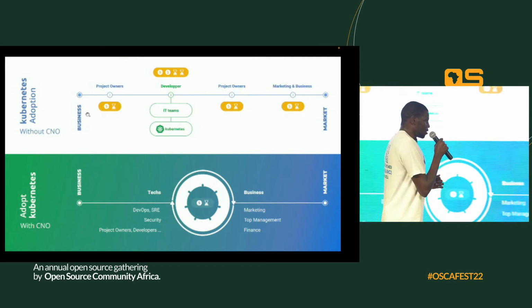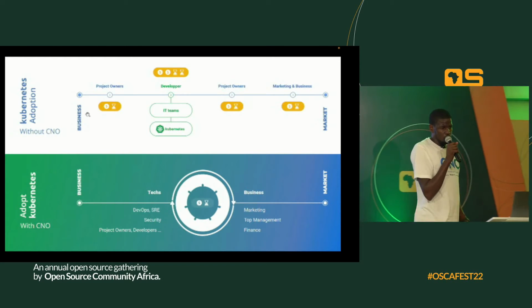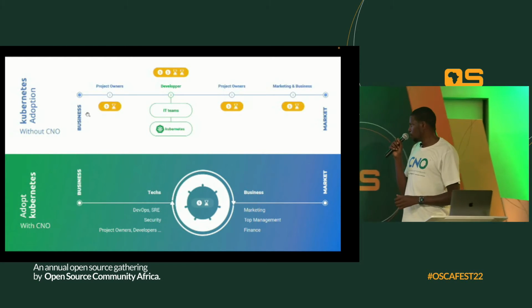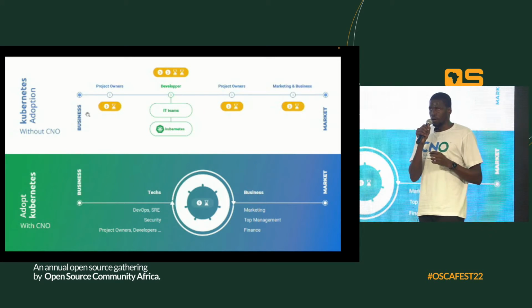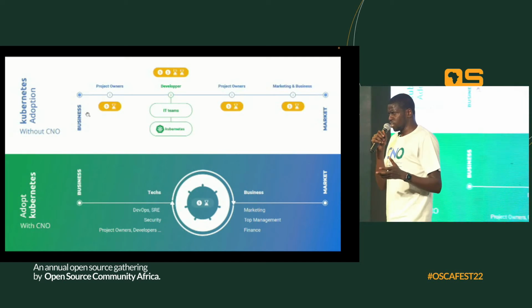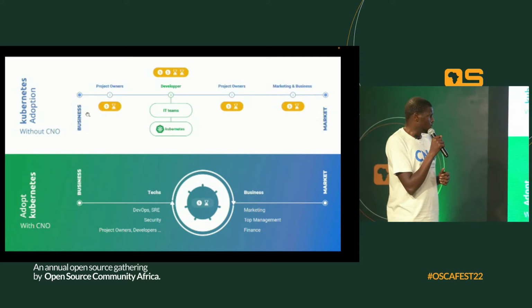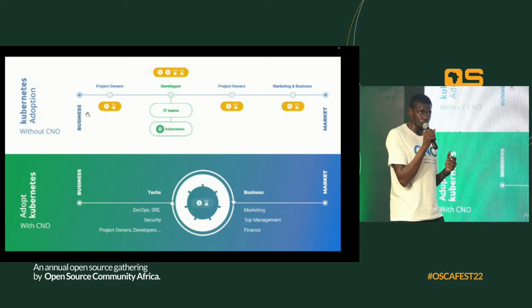So then, to solve this problem, we built CNO. CNO will help any company, mostly large companies, when they're adopting this technology, to go faster. CNO will help them to have a real innovation loop.